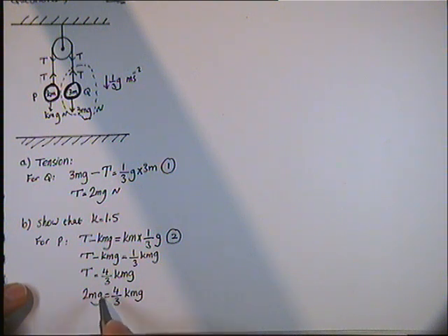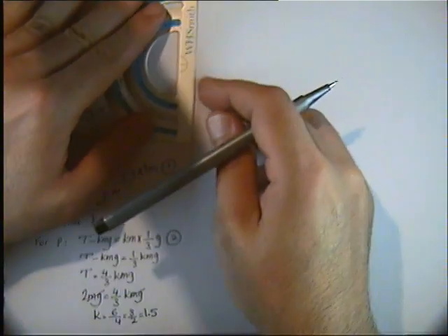Divide both sides by mg, you get 2 equals 4/3 of k. Multiply both sides by 3 and divide by 4, you get k equals 6/4, which is 3/2 or 1.5. Okay, that is what we needed to show. So let's do part C.